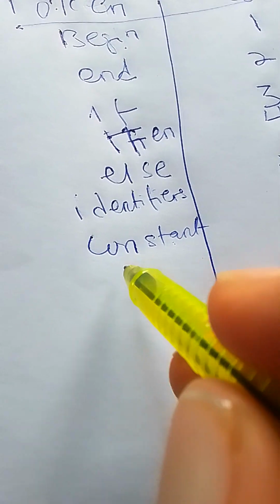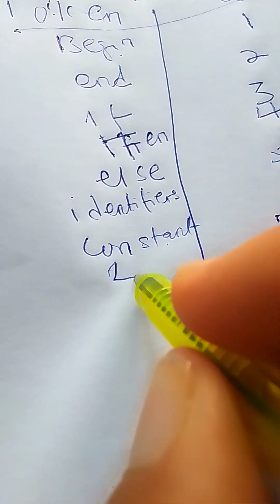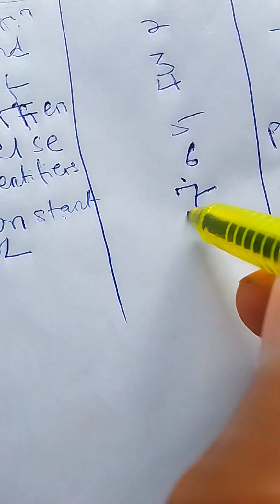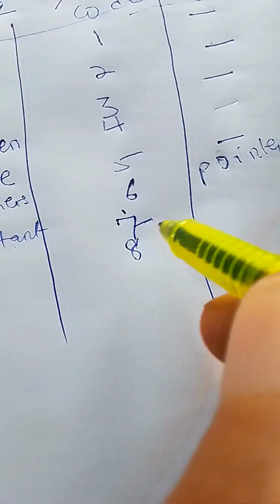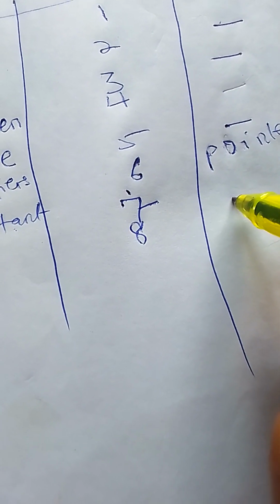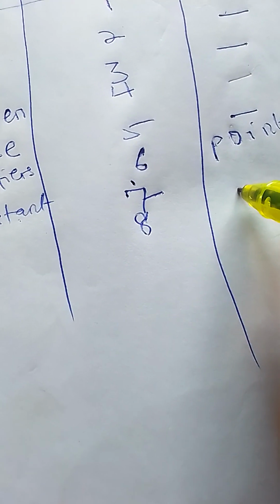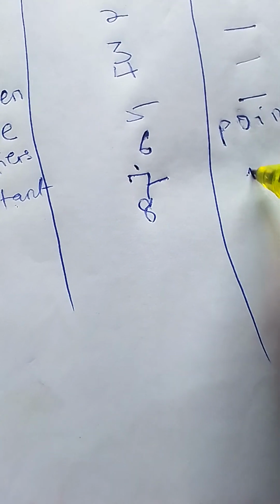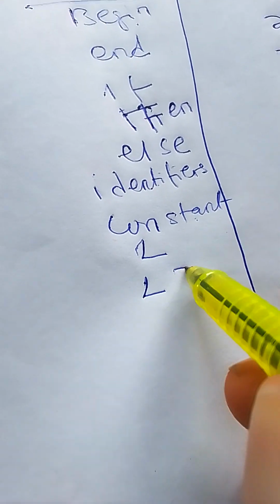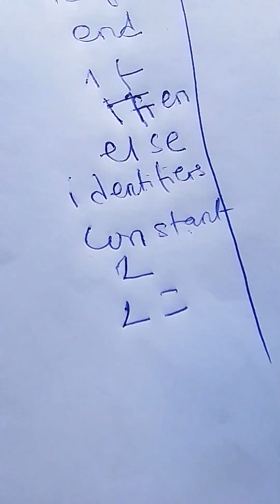Then we have less than. The code is 8 and the value is 1. We have less than or equal to.